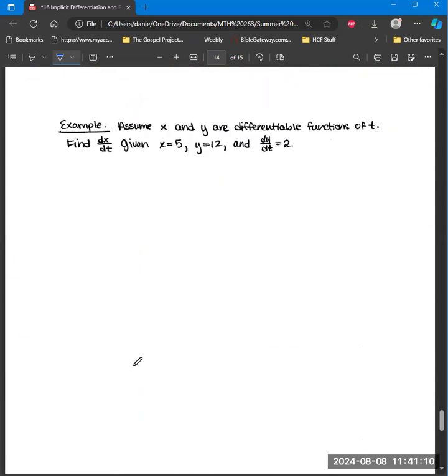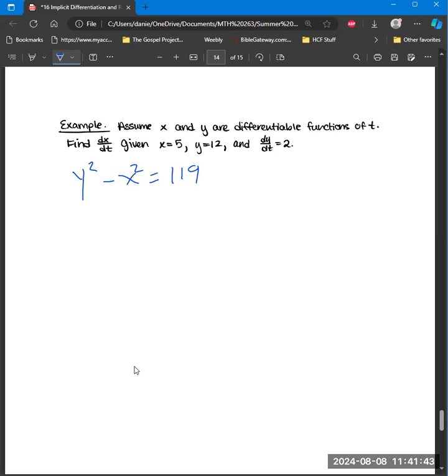Let's assume x and y are differentiable functions of t. Let's find dx dt, given that x is 5, y is 12, and dy dt is 2. Our function that we're dealing with here is y squared minus x squared equals 119. You can plug in x and y here and figure out that that is true, that if I take 12 squared minus 5 squared, I get 119.